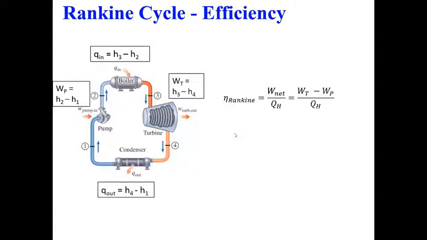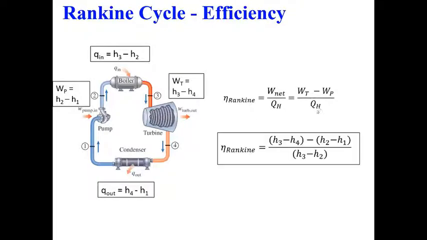So the efficiency can be noted as net work done by the system divided by heat supplied at higher temperature, which is Q in, Q in the boiler. Now W net is the difference between the turbine work, which is output, minus W pump, because this is supplied, this is the input, divided by QH.